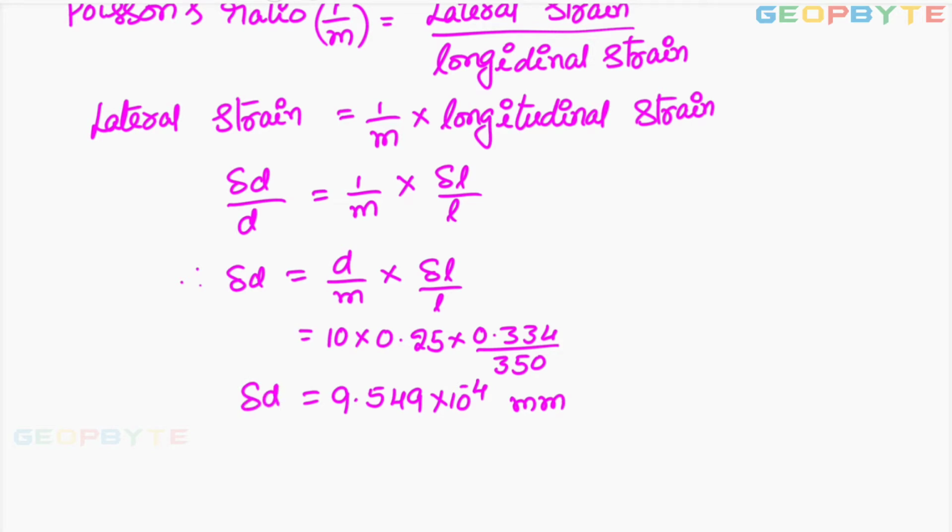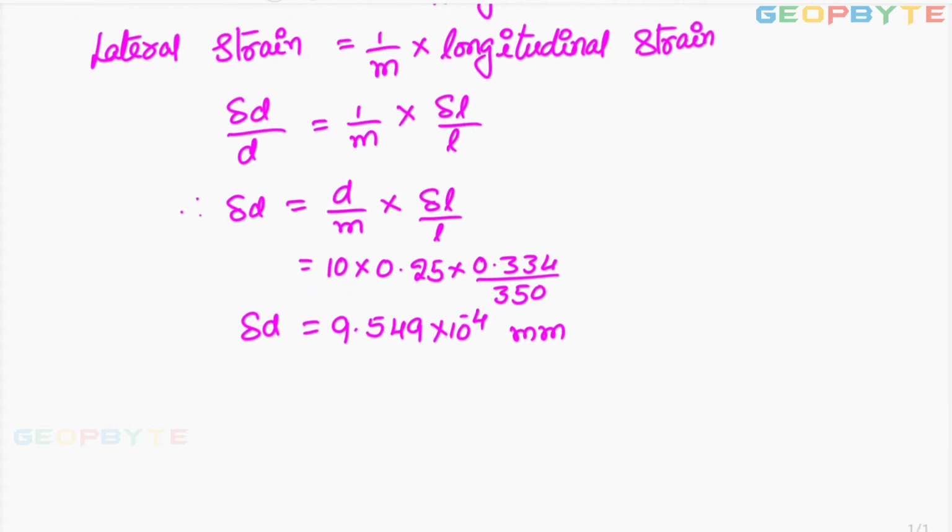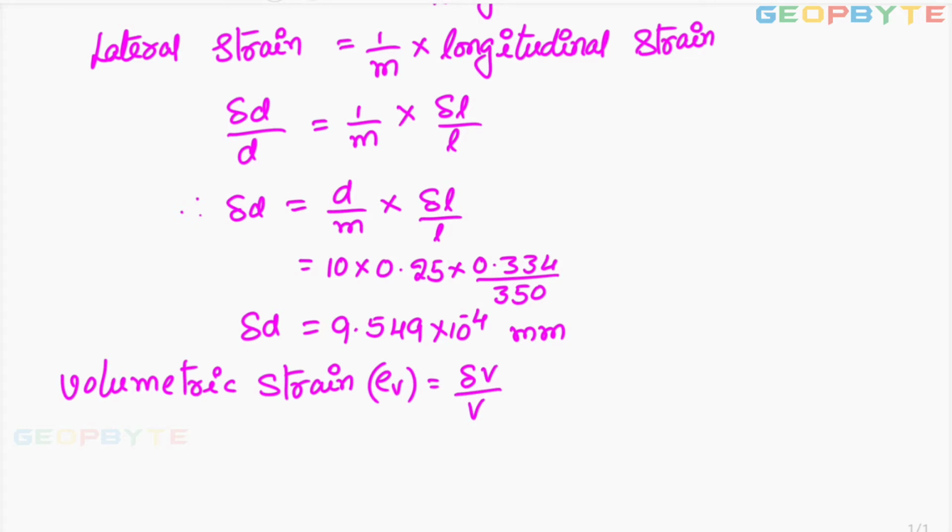You are also asked to find the change in volume. You know, volumetric strain e suffix V is equal to change in volume by original volume, which for a circular rod is stress by Young's modulus times 1 minus 2 by m.